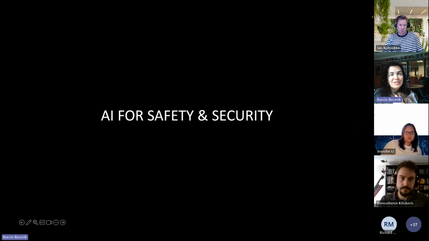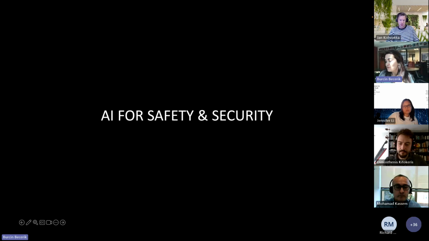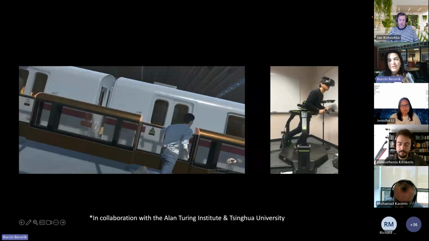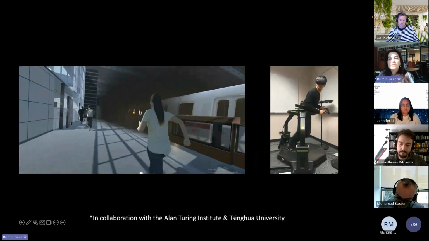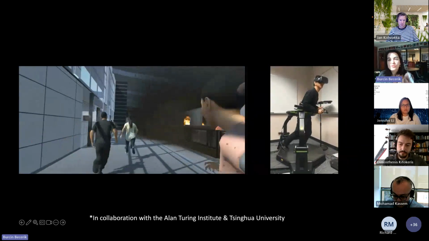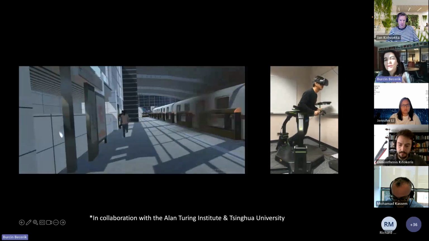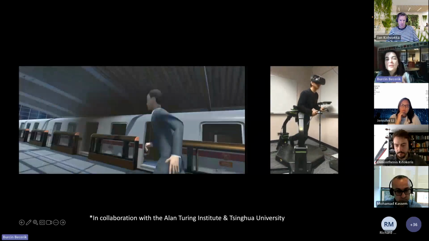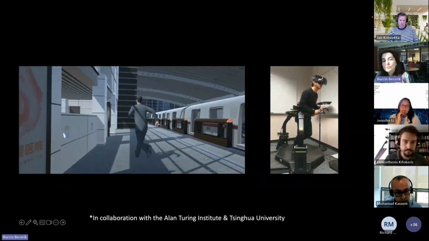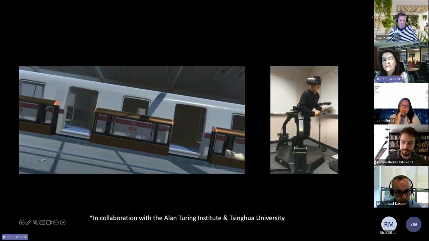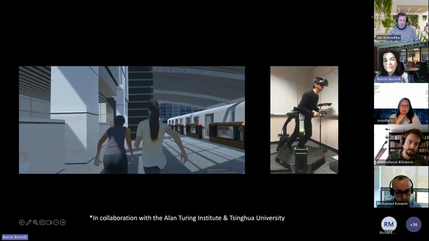I'll move very quickly to how we use these tools in safety and security. There are many interesting questions in terms of how behavior is influenced by a building design, type of a building, individuals' past experiences, and people around them, and who they're responsible for.